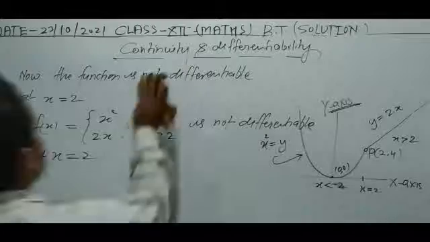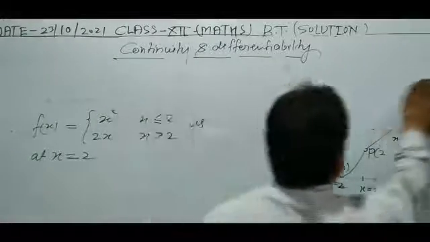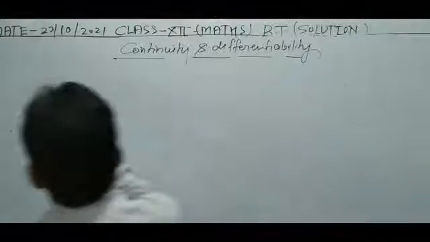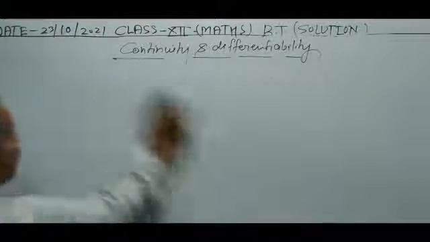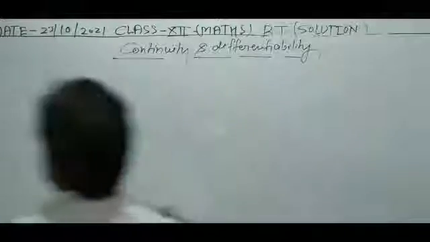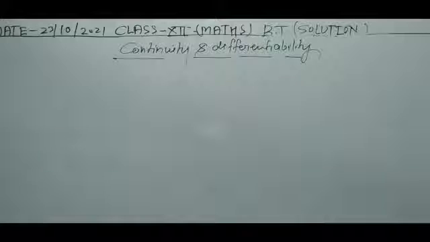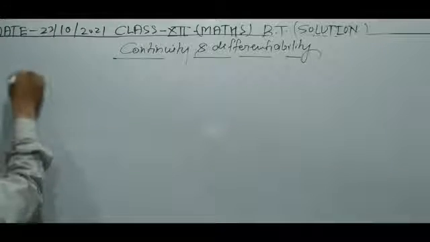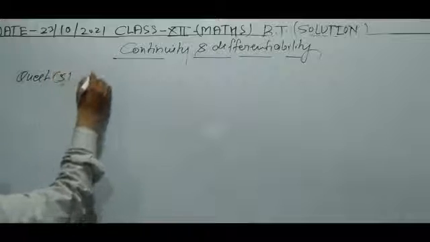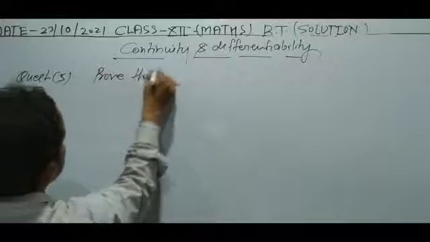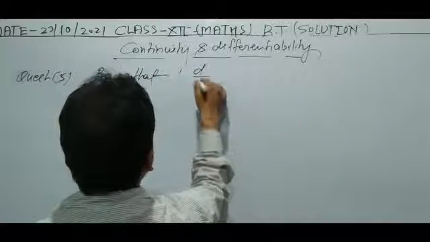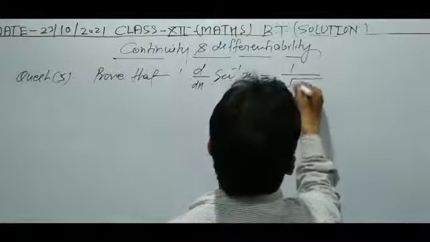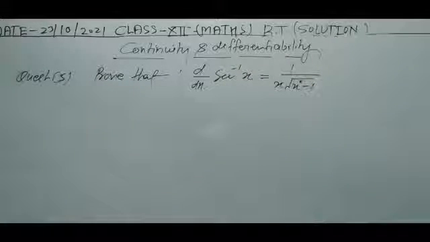Question number 5 is: differentiate or prove that d by dx of sec inverse x is equal to 1 upon x root over x square minus 1.